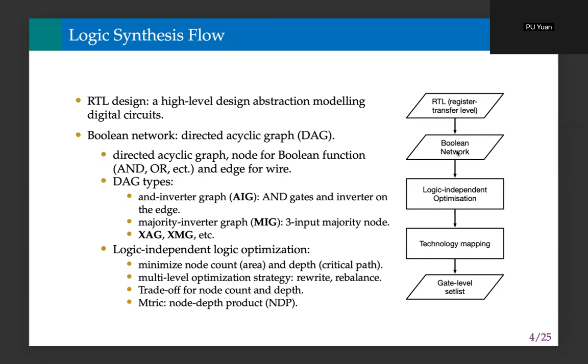On the Boolean network, some logic-independent optimization will be conducted, and then technology mapping is conducted to get the gate level netlist. Boolean networks are usually represented by DAGs, and there are several DAG types for a Boolean network, including AIG, MIG, and others.